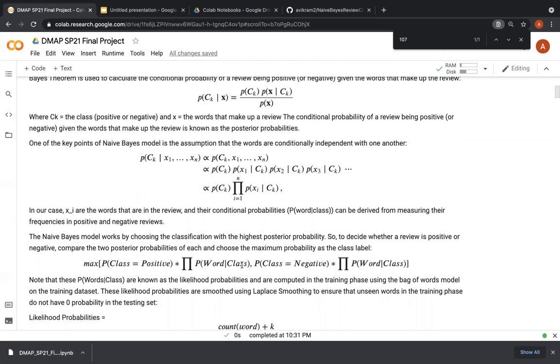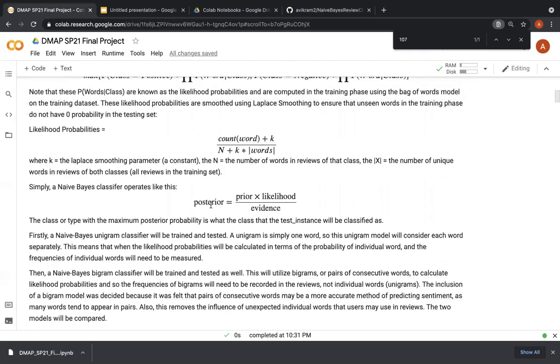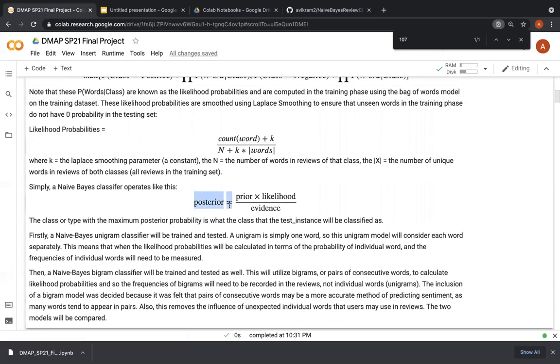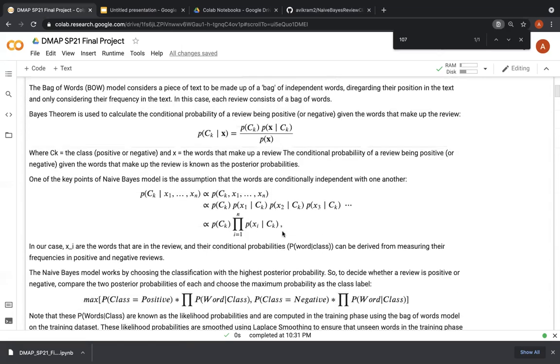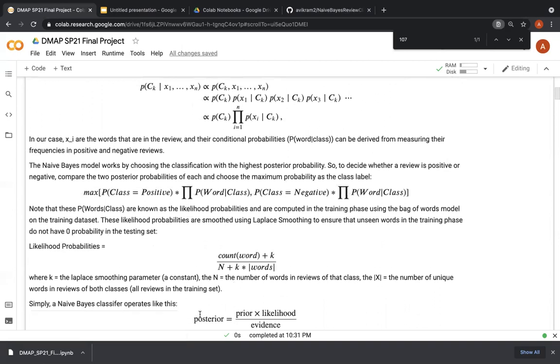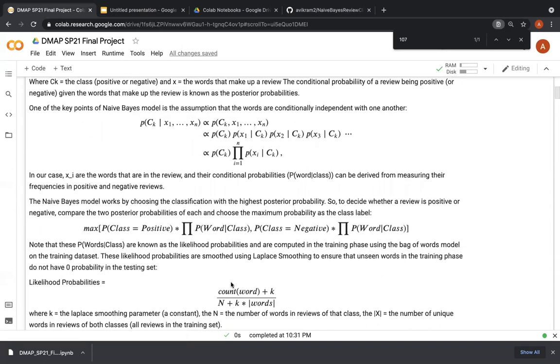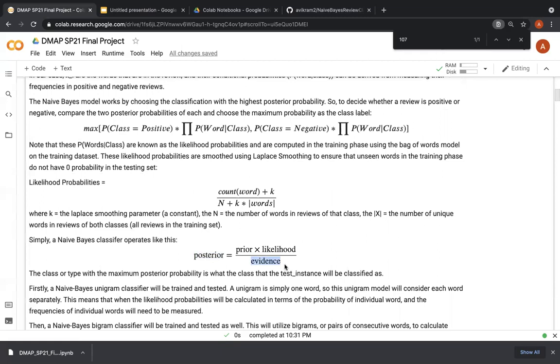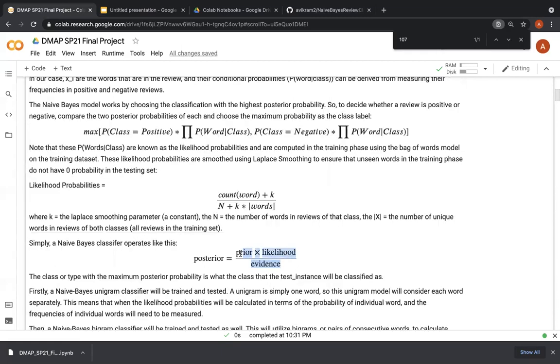So quite simply, naive Bayes works like this. The posterior probability is equivalent to the prior probability times your likelihood probability, divided by the denominator, right, which comes from Bayes' theorem. However, note that when we're trying to maximize this posterior probability, we don't need this denominator. We just need to maximize this numerator, right?